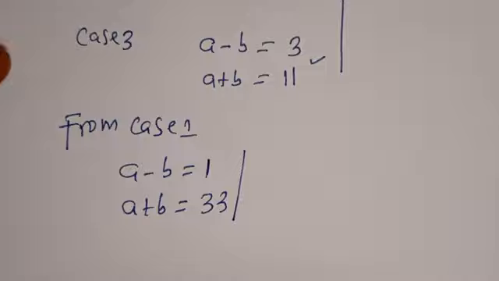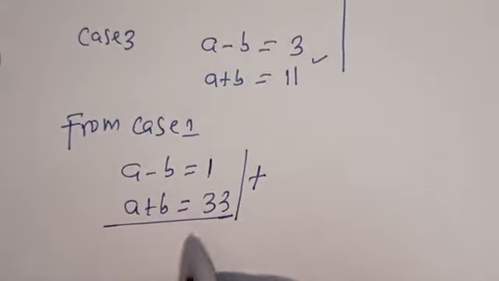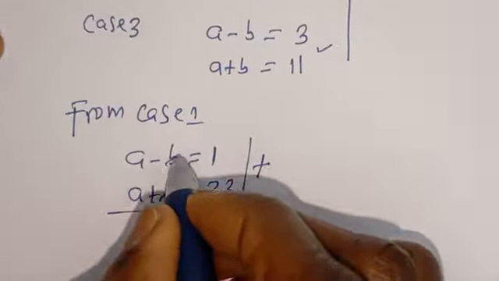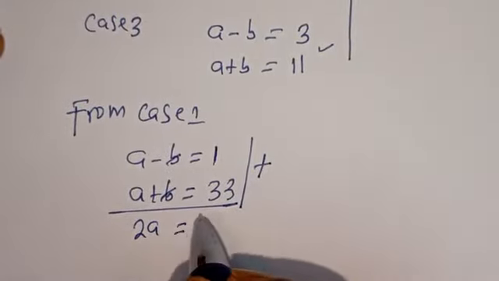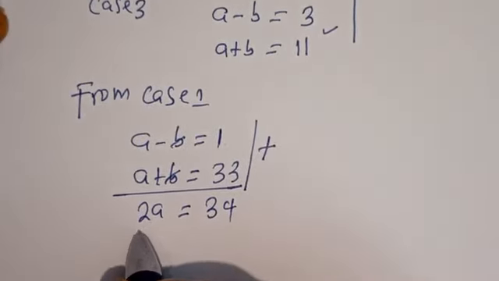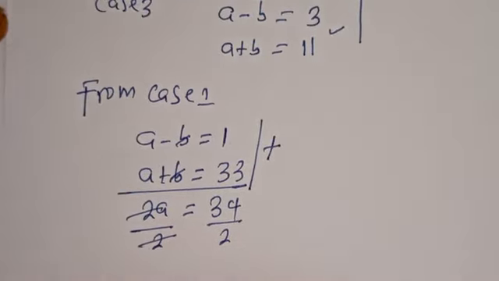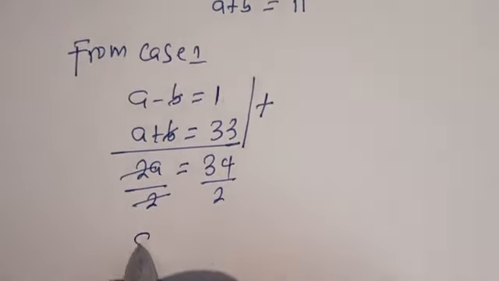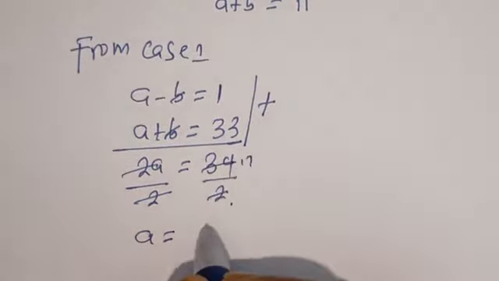We want to add equation 1 and 2 together. Then this will cancel this. We have a plus a, 2a is equal to 1 plus 33, 34. Then we can divide both sides by 2, so a is equal to 17.